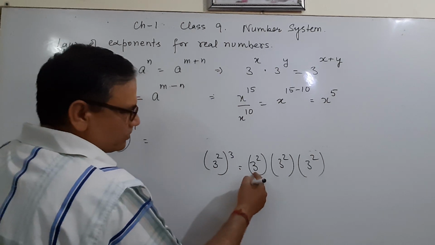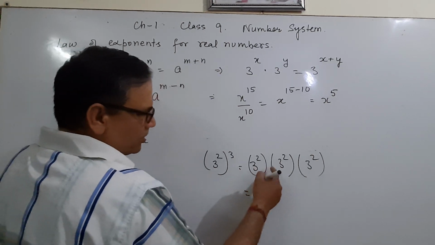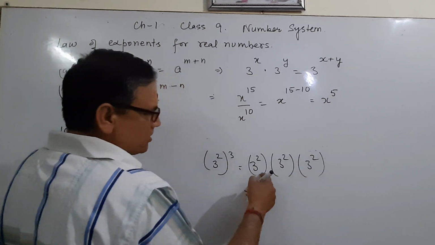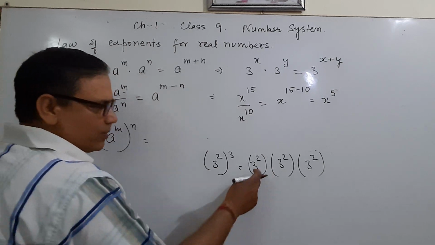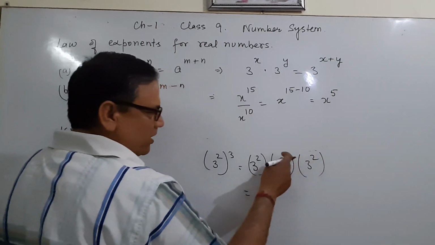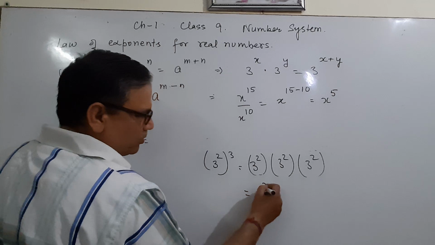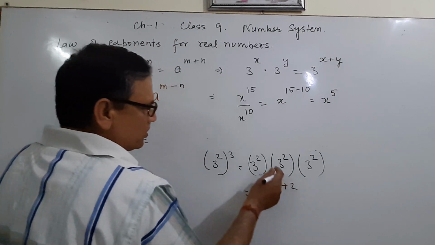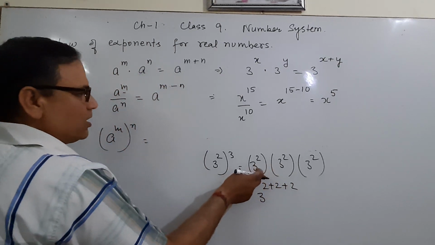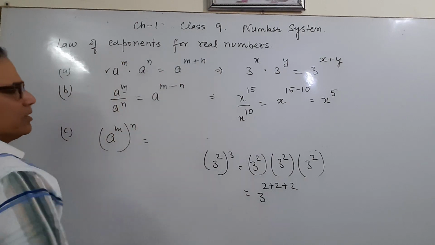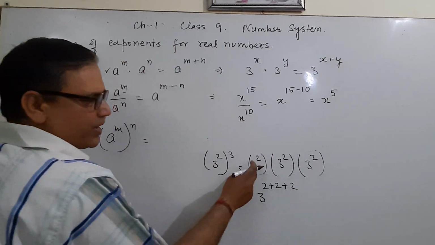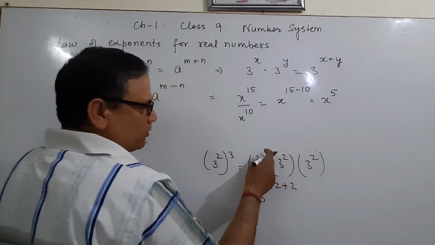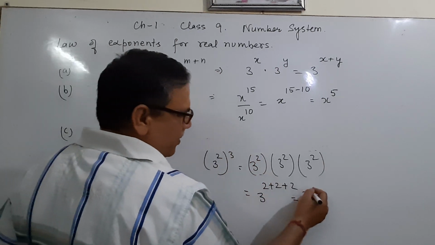And the base is the same, 3. When the base is the same, then powers will add to each other, means 3 power 2 plus 2 plus 2. This law is based on the first law. Go to the first law: base same, power will add to each other. That will be 3 power 6.